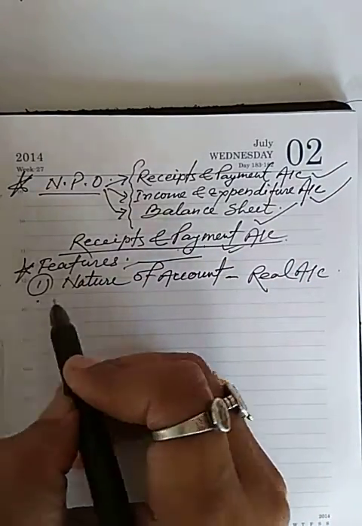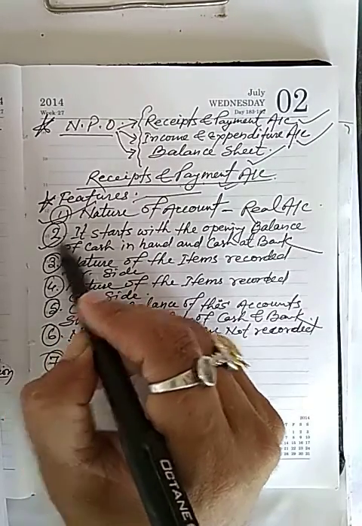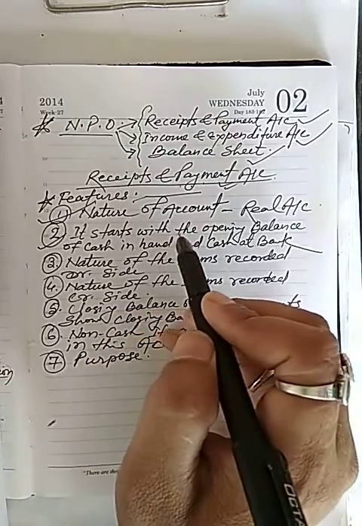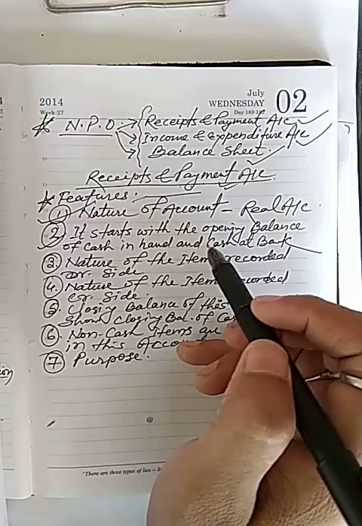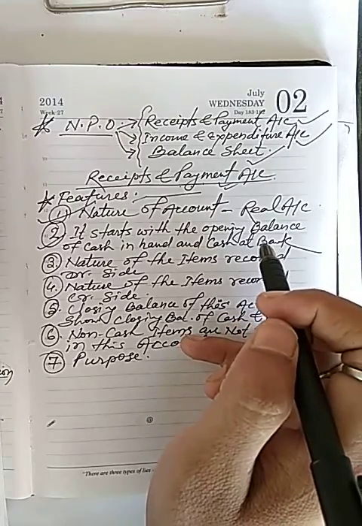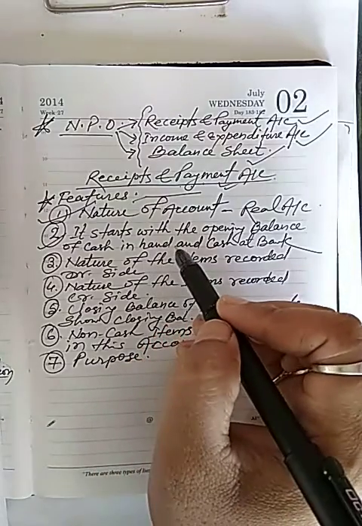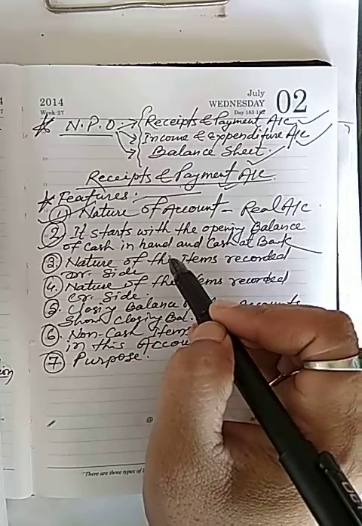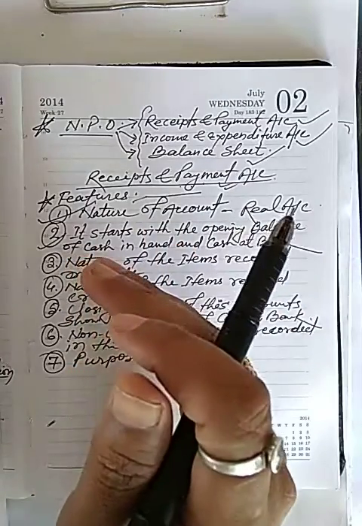Second point is, it starts with the opening balance of cash in hand and cash at bank. Cash in hand always shows a debit balance and will therefore be written on the debit side.